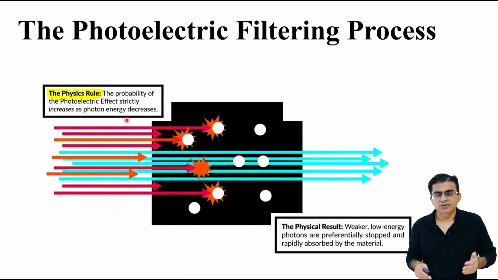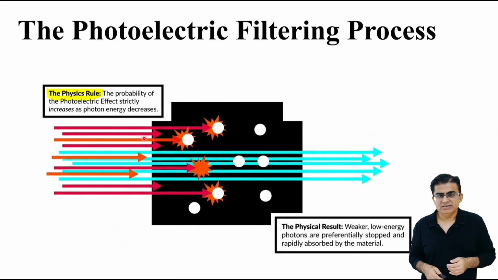Let me simplify that for you. It simply means that weak radiation is absorbed much more easily than strong radiation. Because of this specific rule, the weak, low energy photons get completely trapped. Look at the red arrows.